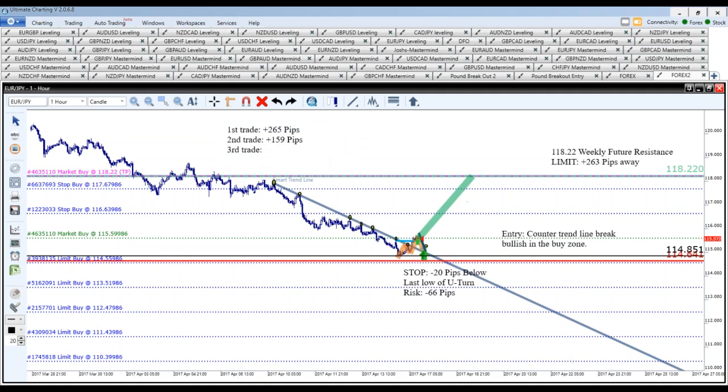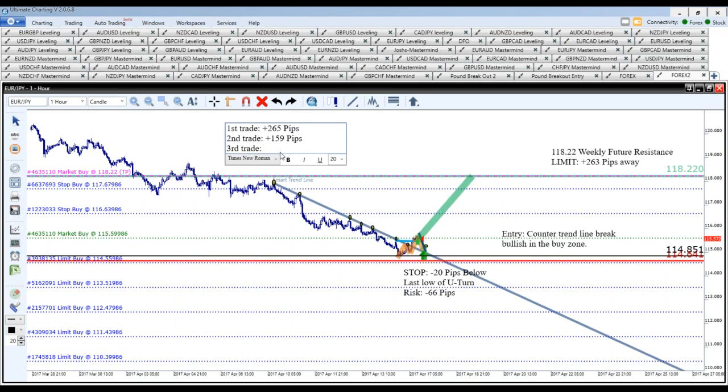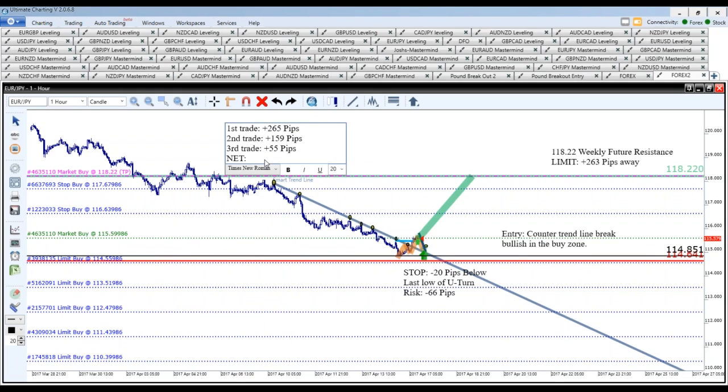Your third trade buys in at 117.67 minus 118.22, 55 pips. So your net is what? 265 plus 159 plus 55, 479 pips.